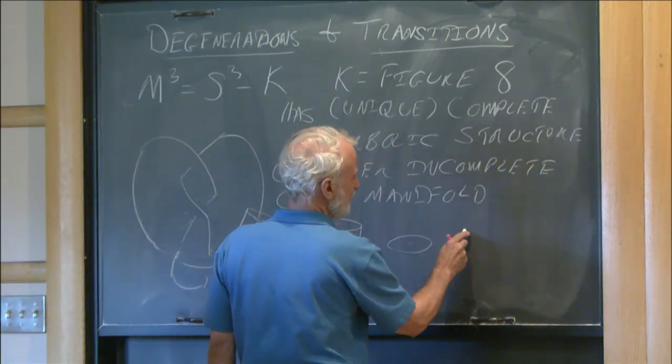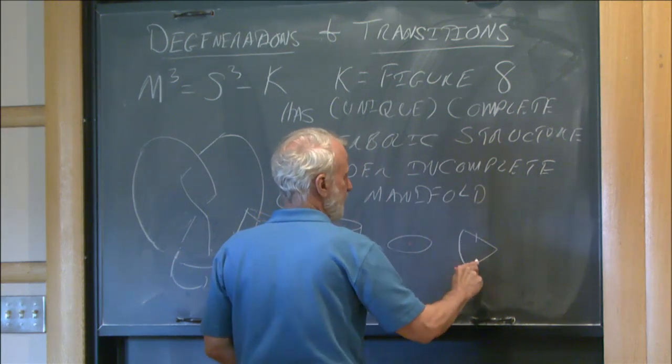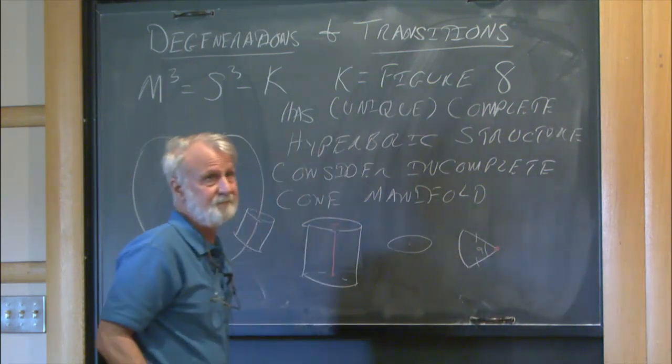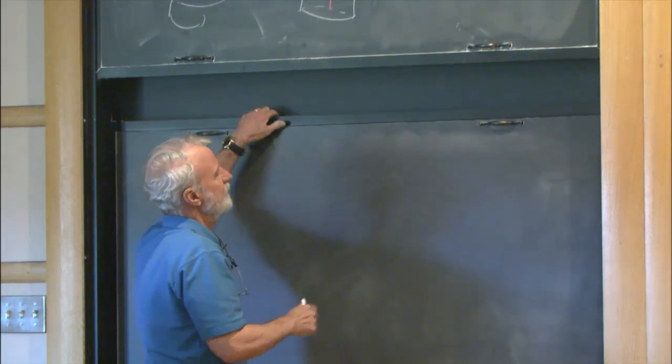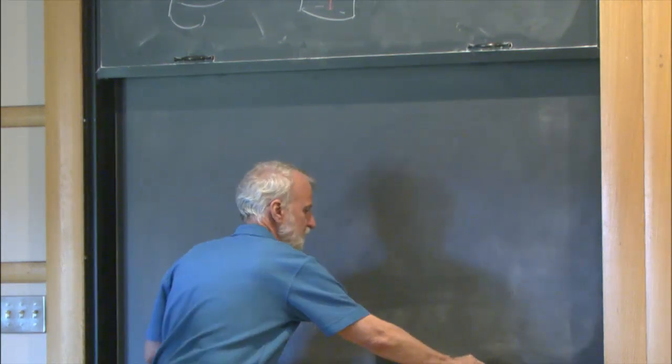This can be thought of as obtained from a piece of hyperbolic space where I have an angle here and a singular point there.